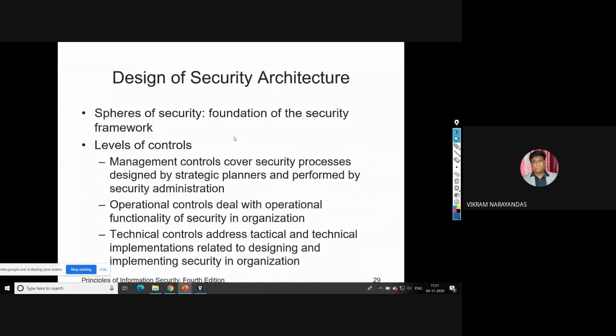Operational controls deal with the operational functionalities of security in the organization. Technical controls address the technical implementations related to designing and implementing security in the organization.